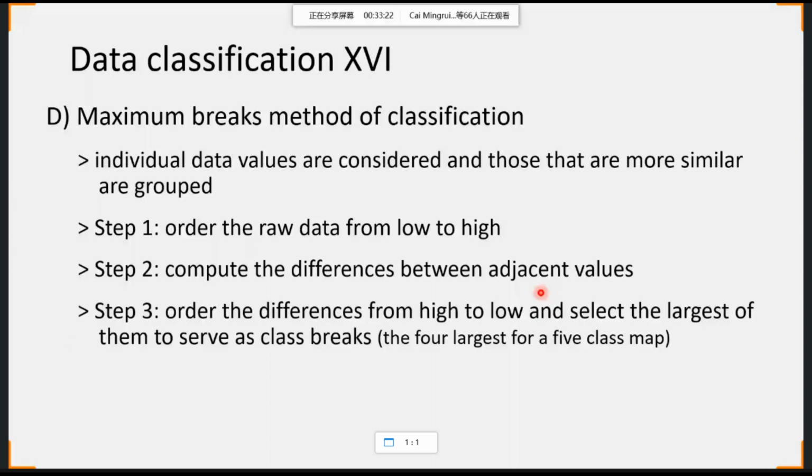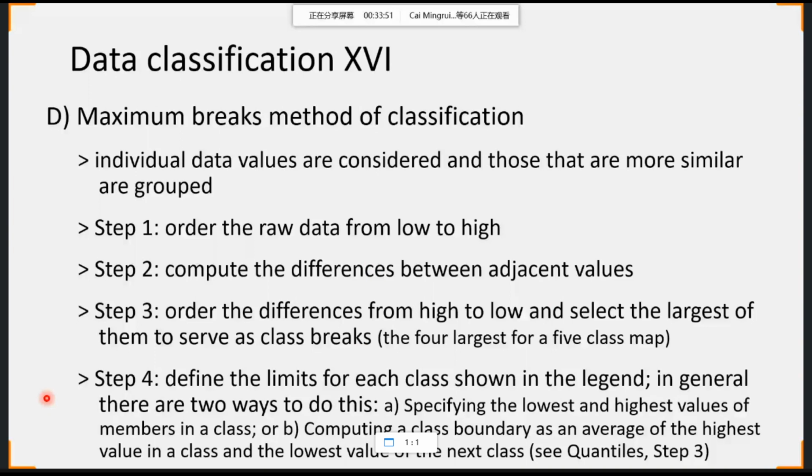Step 3 then, order the differences from high to low and select the largest of them to serve as class breaks. The 4 largest for a 5-class map in our case. So we need 5 classes, therefore we would use the 4 largest class breaks. Step 4 then, define the limits for each class shown in the legend.